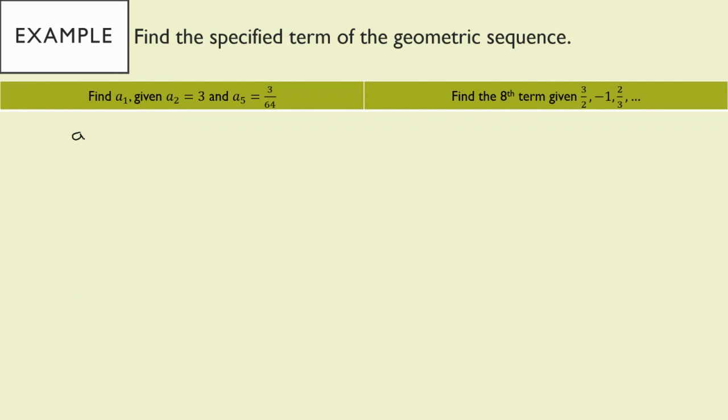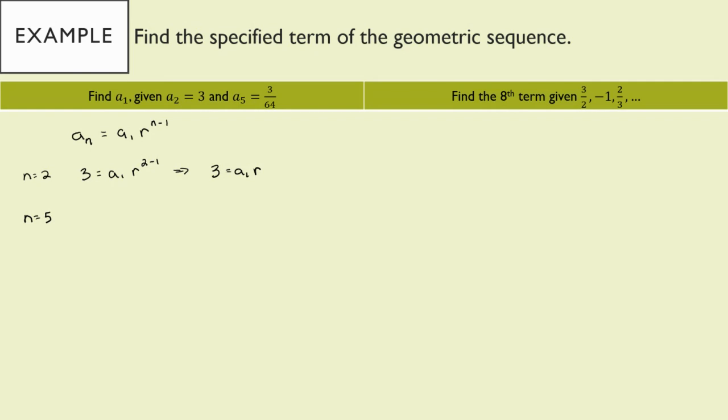Let's look at the base formula. We have An is A1 R to the n minus 1. If I plug in n equals 2, I have A2, which is 3, equals A1 R to the 2 minus 1, and that gives me 3 equals A1 R. Now I have another point with n equals 5.